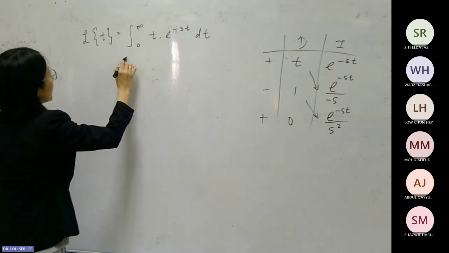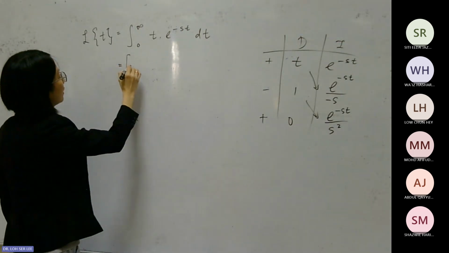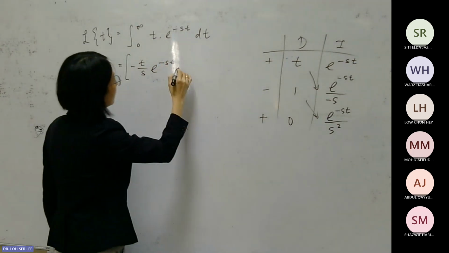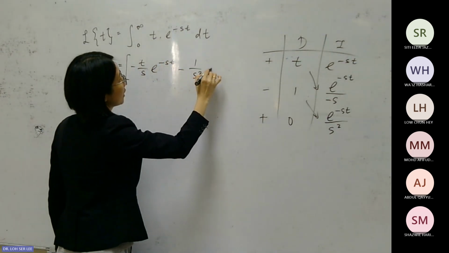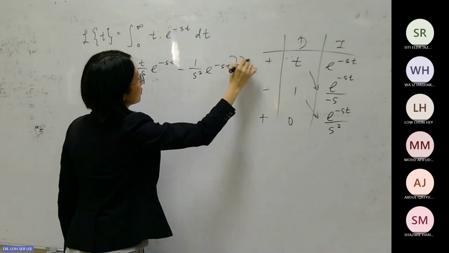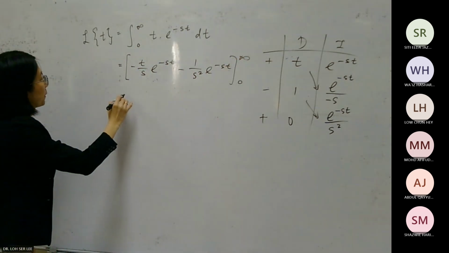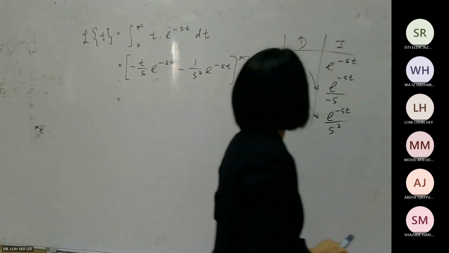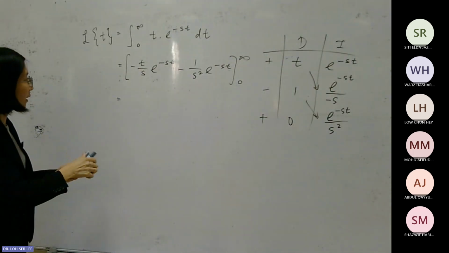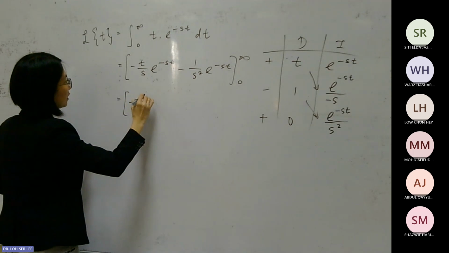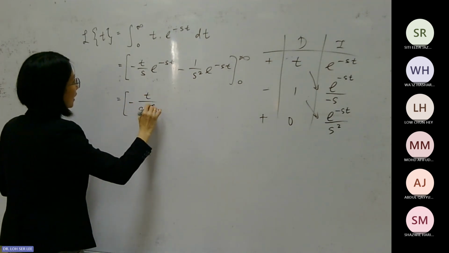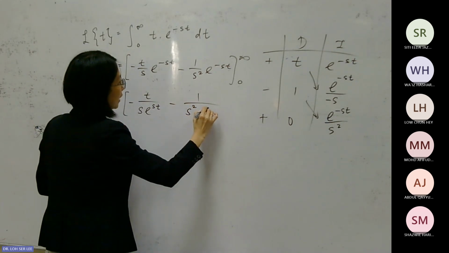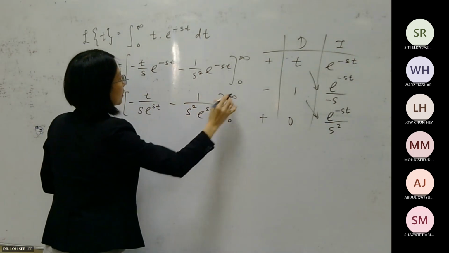Meaning that we will get negative t over s e^(st) minus 1 over s squared e^(st), from 0 to infinity. I write in this form.